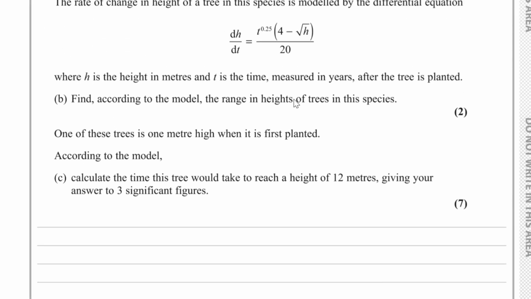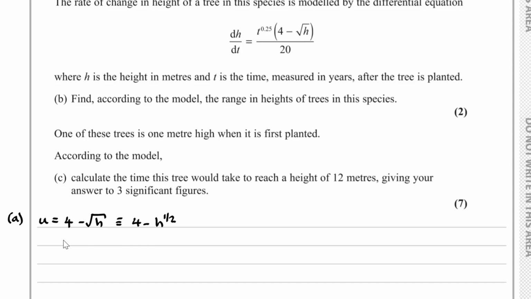Okay, so for part A, we begin with u equals 4 minus square root h, which is equivalent to 4 minus h to the power of 1/2.